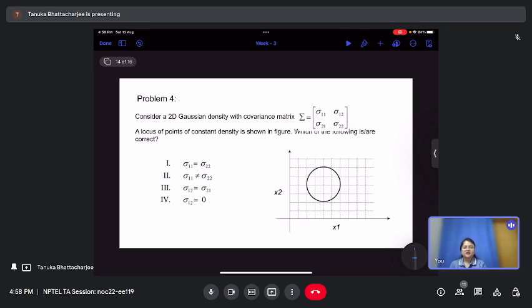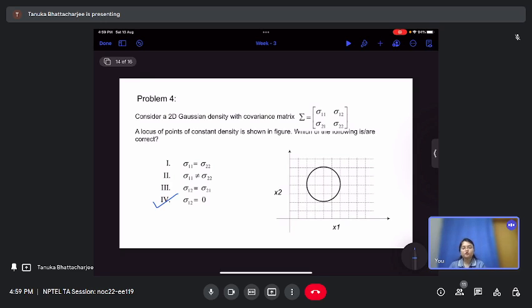If these two features are statistically independent, then the covariance sigma 1 2, which captures the relation between feature 1 and feature 2, will be 0.